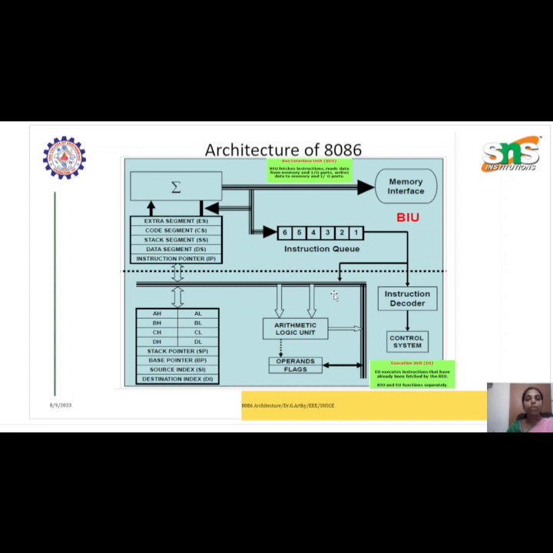Coming to the execution unit, it includes general purpose registers, pointer registers, index registers, operands, flags, arithmetic and logic unit, instruction decoder and the control unit. Let us briefly discuss these components.